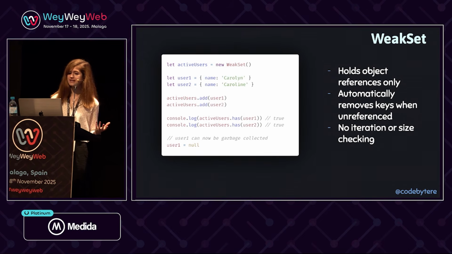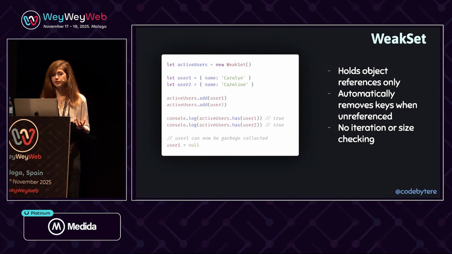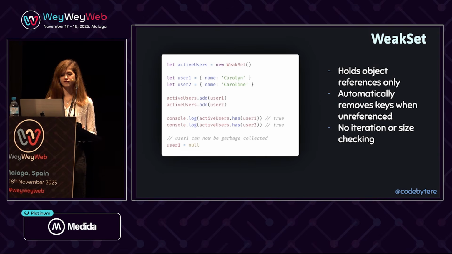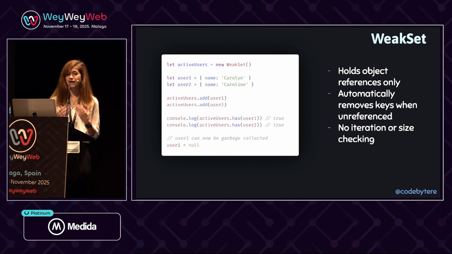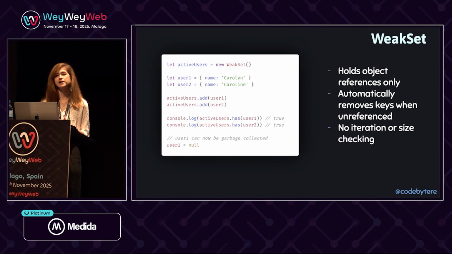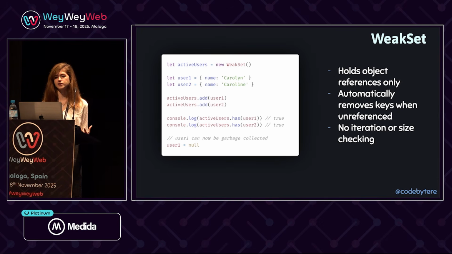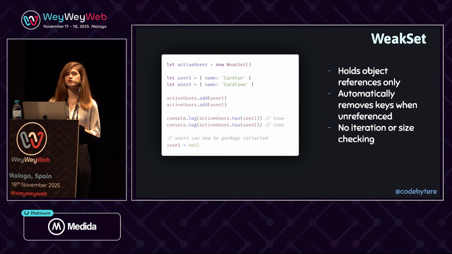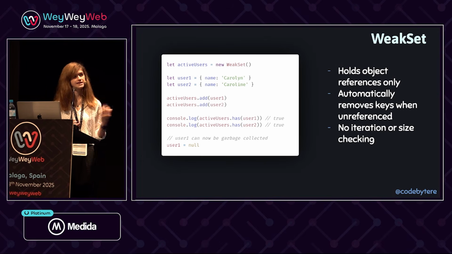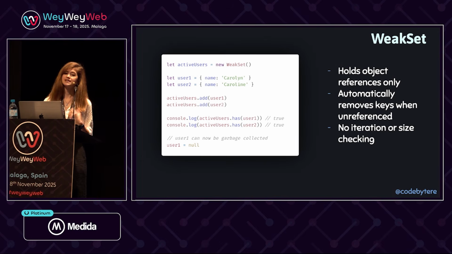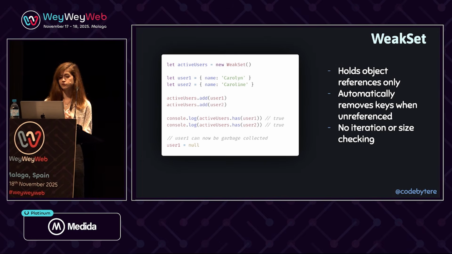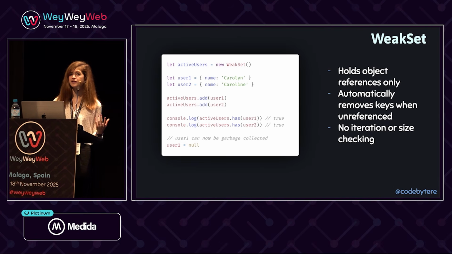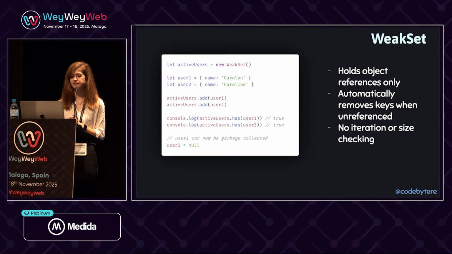Next, let's look at weak sets, which are like sets, but specifically for object references. Weak sets can actually only store objects, and if no other code references those objects, they're automatically removed from the weak set. In this example, user1 is added to the weak set, and then when user1 is no longer referenced, it can be garbage collected automatically.